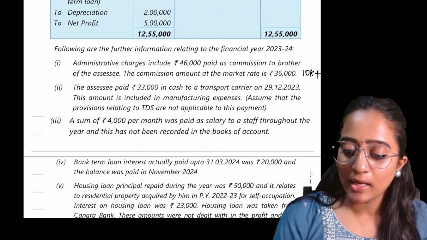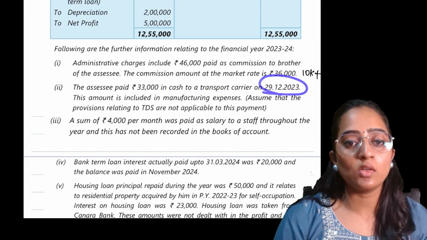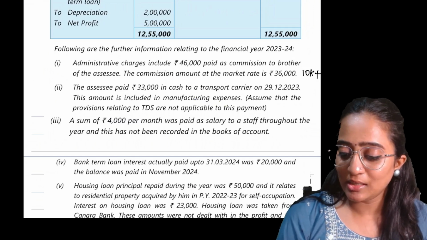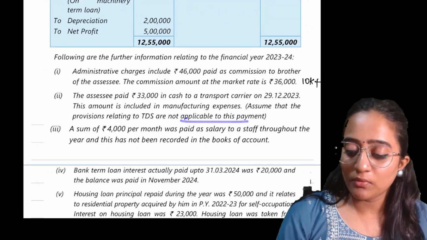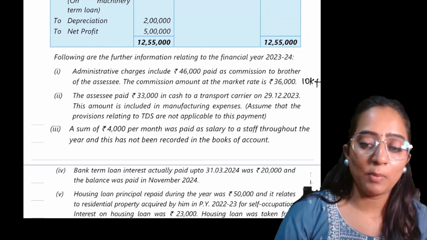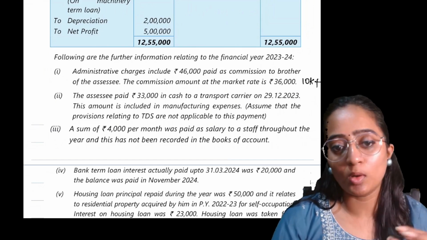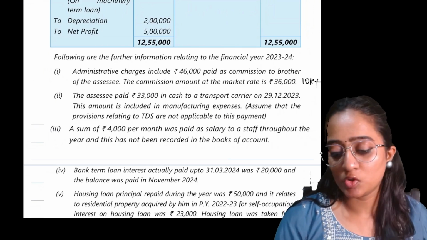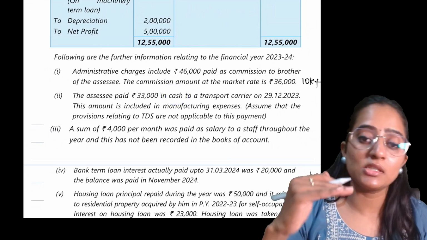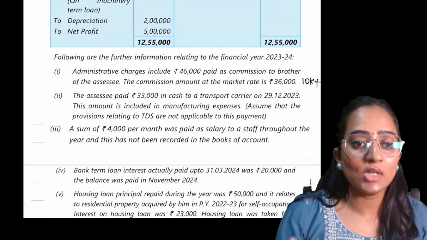Next. Assessee paid 33,000 in cash to the transport carrier on 29/12/2023. The amount is included in manufacturing expenses. TDS is not applicable. Under the normal provisions of section 40A(3), if you make a payment in cash in excess of 10,000 rupees, other than account payee cheque or account payee draft, it is disallowed. But this limit has been increased to 35,000 if you are making a payment to a goods transportation agency.